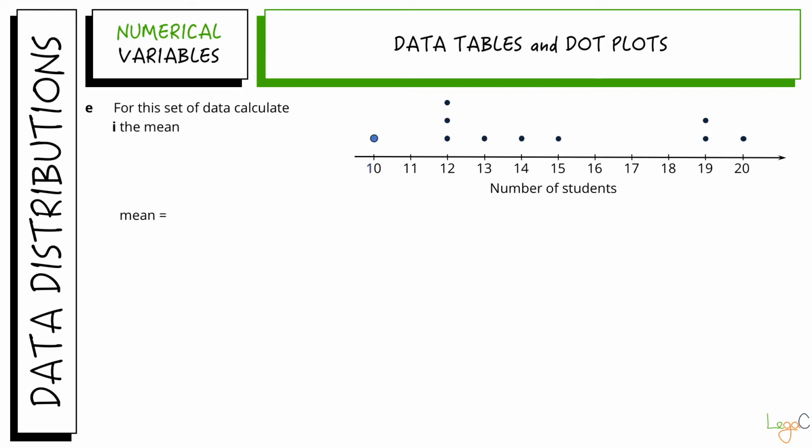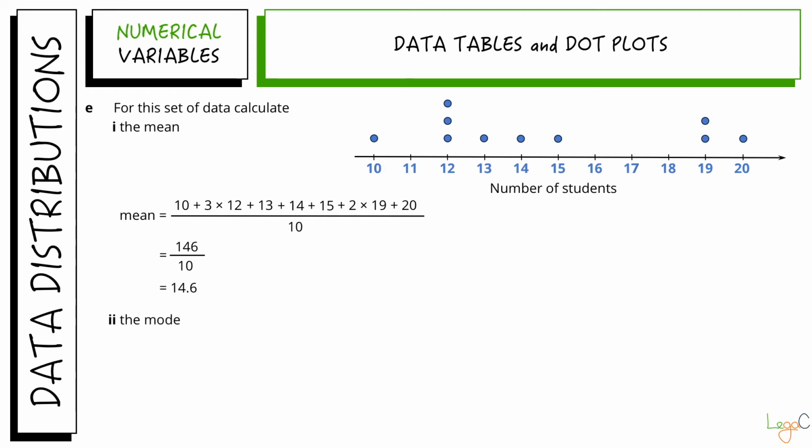There is 1 dot above 10, which means we have a 10, 3 dots above 12, which means we have 3 times 12, 1 dot above 13, so plus 13, and we continue like this, plus 14, plus 15, plus 2 times 19, because there are 2 dots above 19, plus 20, all divided by 10 because there are 10 days. And that gives us a mean of 14.6.